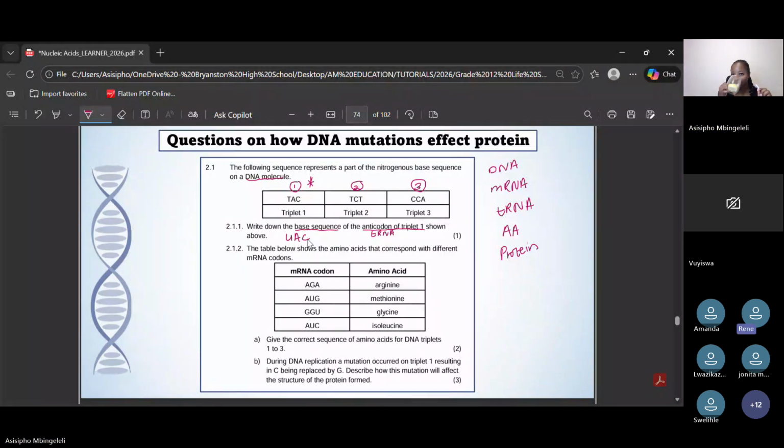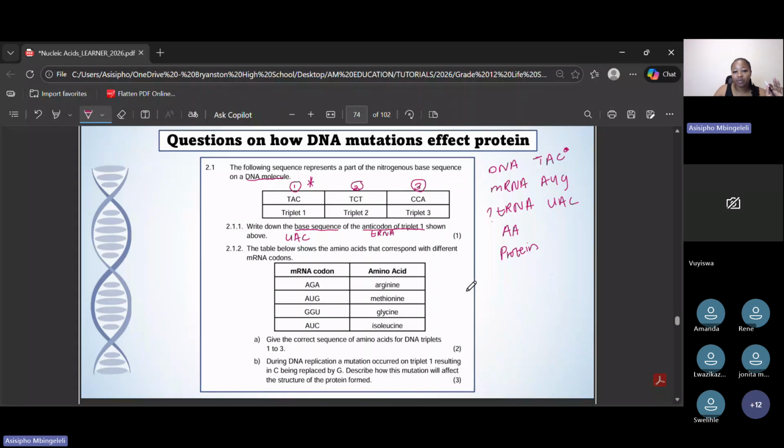I did my mRNA, which would be AUG, and then I went to my tRNA, which is UAC. Thank you. Triplet 1, the bases were TAC, the messenger RNA AUG. Then you get your transfer RNA, which is UAC. Remember, they gave you this and they were asking you for this. So you had to work out messenger RNA and then transfer RNA.